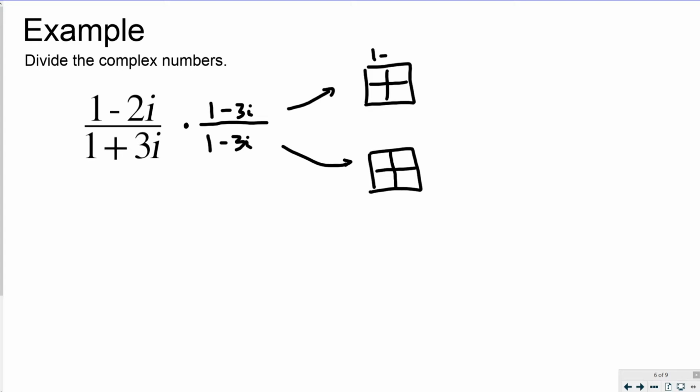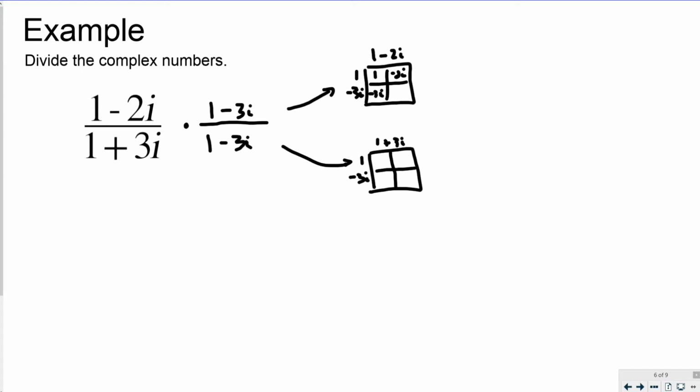So on the top, I get 1 minus 2i. On the bottom, I get 1 minus 3i. And then over here, 1 plus 3i, 1 minus 3i. So let's multiply them. 1 times 1 is 1. Negative 2i times 1 is negative 2i. 1 times negative 3i is negative 3i.